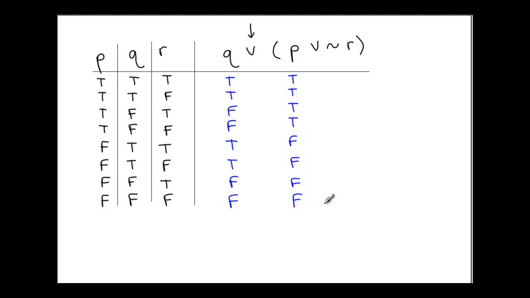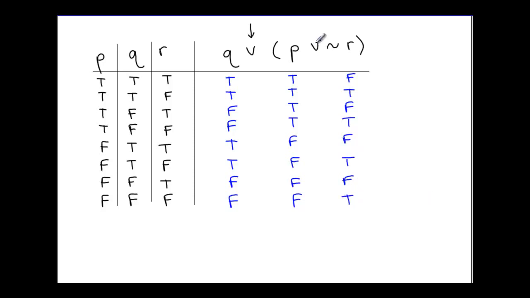Might help if you're on some lined paper. And then we want the negation of R. So instead of true, false alternating in that fashion, we're going to begin with false, since it's the opposite of true. It would be false, true, false, true, false, true, false, true.